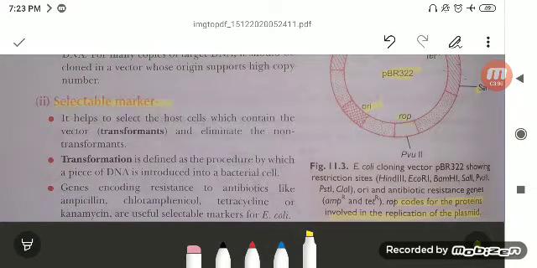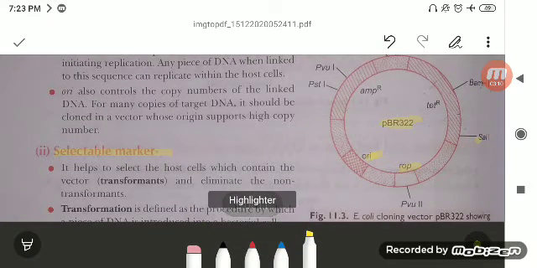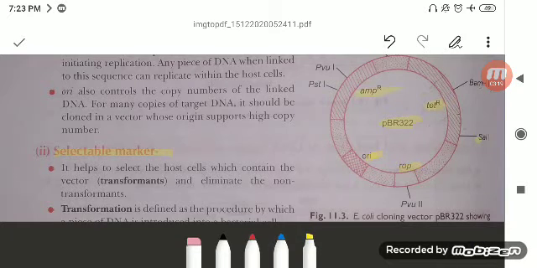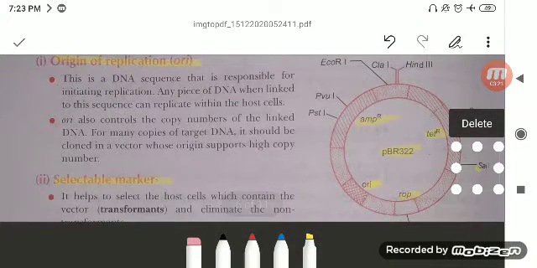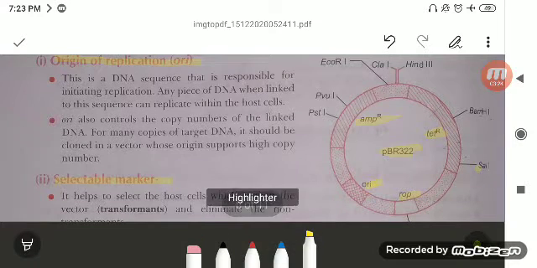It has rop, which codes for the protein involved in the replication of the plasmid. It also has selectable markers, ampicillin resistance and tetracycline resistance, the antibiotic resistance genes, and it has the sites where a particular restriction enzyme can cut and ligate the desirable or foreign DNA, which undergoes the formation of copies.